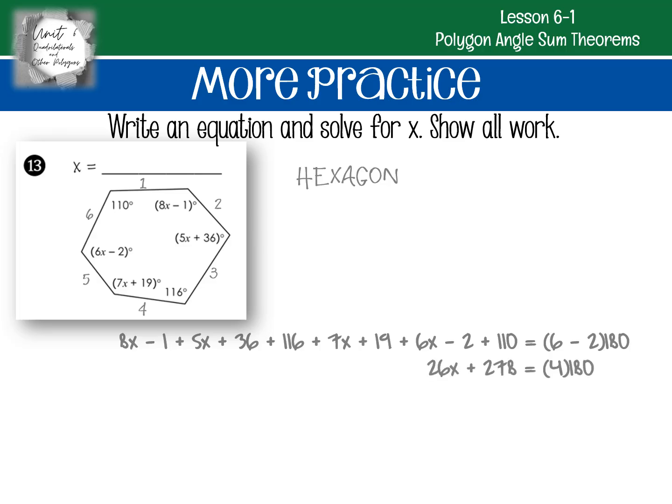On the left-hand side, we'll have 26x plus 278 equals 4 times 180, or 720 degrees. Subtract the 278 on both sides. We get 26x equals 442. Divide both sides by 26. x is 17. Final answer, number 13 is 17.